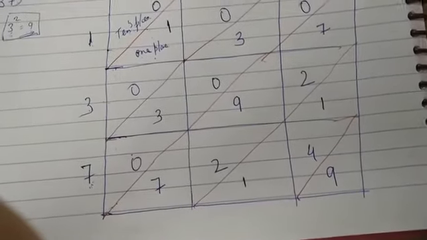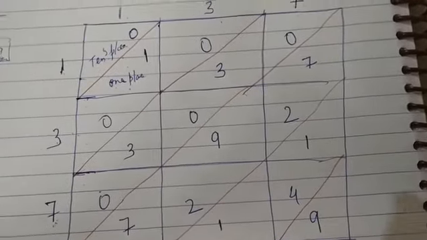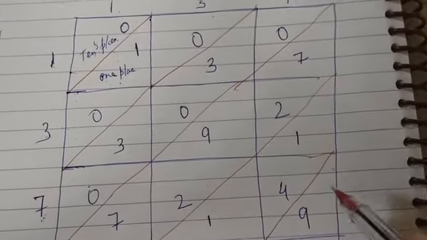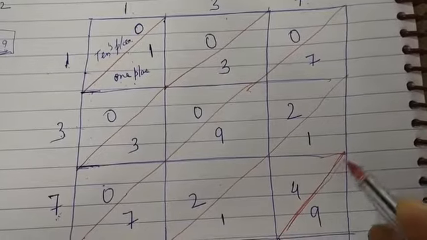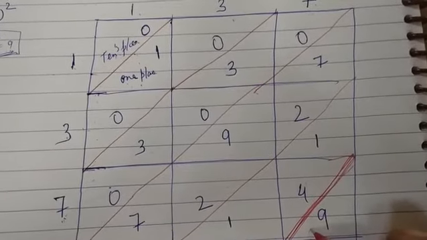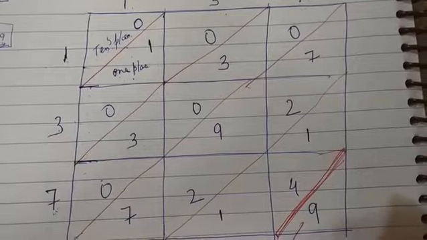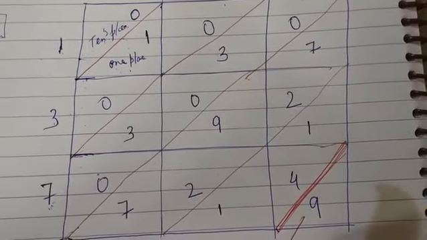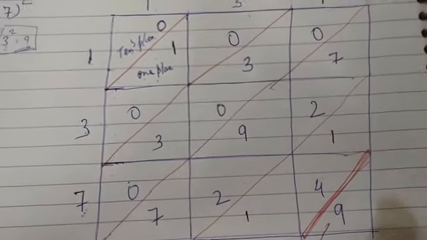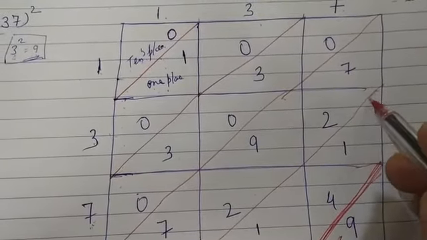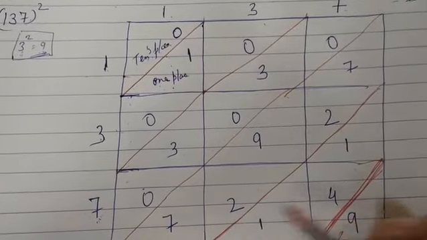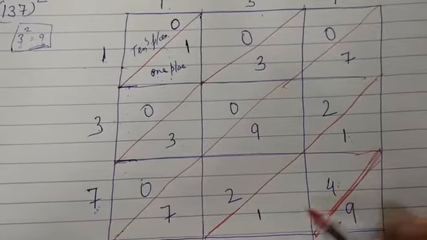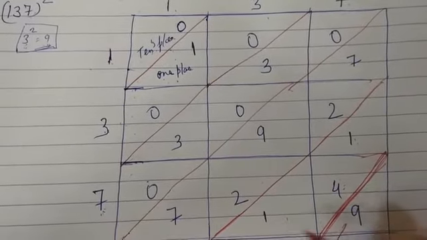Okay. Now the next step is we have to add the numbers diagonally. Now look at this first diagonal. Here only one number is there, so we have written 9, and underline the ones place. Here the tens place is nothing, so we have underlined the ones place. Now look at the second diagonal. 1 plus 4 plus 1 plus 4, 5. 5 plus 1, 6.